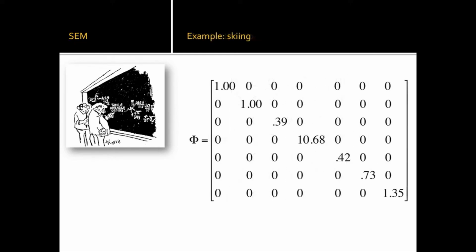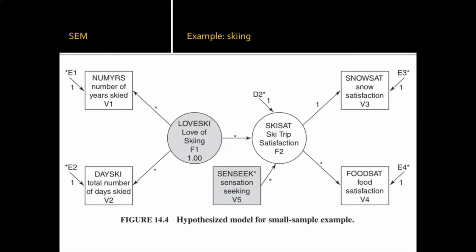Here are our variances. This is our phi matrix, so we had a bunch of stars in there that get translated over, and these variances are going to be dependent on the scales of the variables initially. So that 10.68 stands out. That's because that value is a variance for E2. Looking back at the model here, E2 is an error term corresponding to total number of days skied, which is a number of days variable, which is on a different scale, and presumably a larger variance there, right?